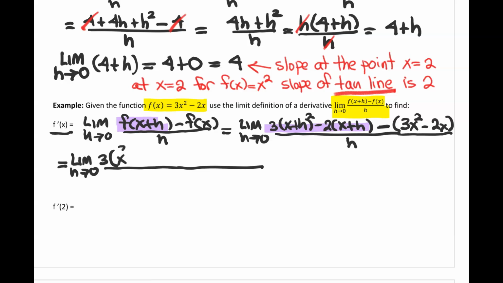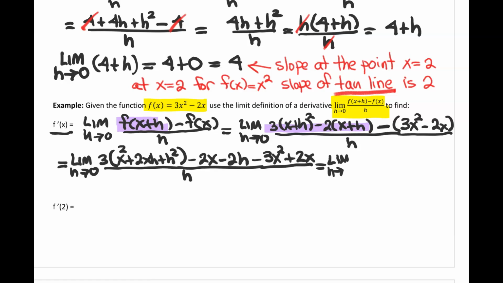So I'm going to do x plus h squared. So that's going to be x squared plus 2xh plus h squared. Distribute my negative 2, negative 2x minus 2h. Distribute my negative, minus 3x squared plus 2x, all divided by h. And then one more distributing of the 3, and then I will have a bunch of stuff to reduce.